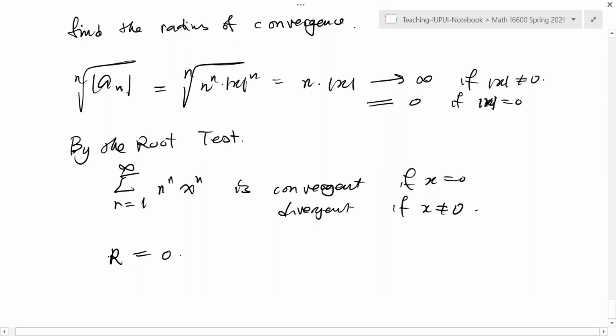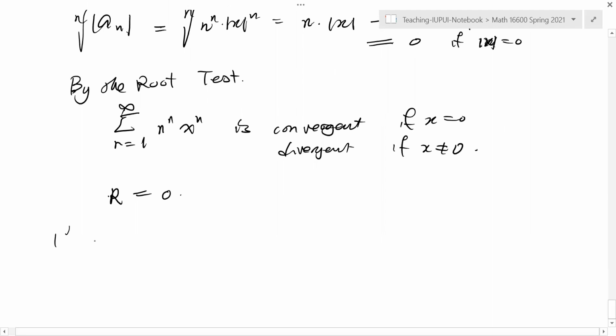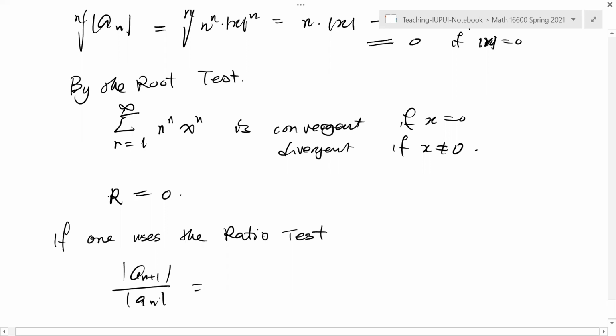Now, if you use the ratio test, it will be pretty challenging. If one uses the ratio test, then you have to look at this limit. You have the (n+1)th term, and this part is okay, then divide by the nth term.